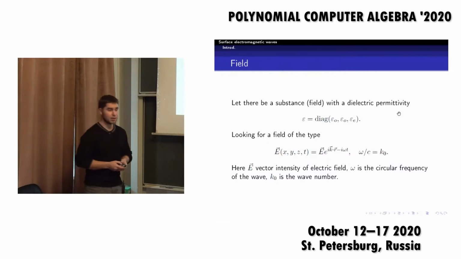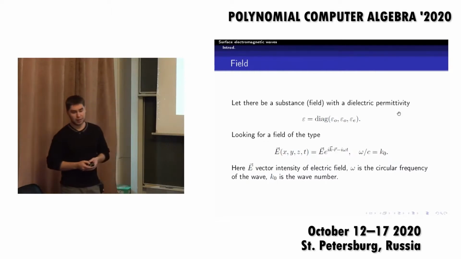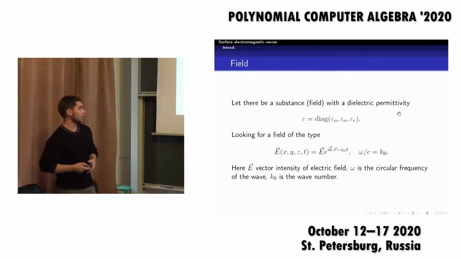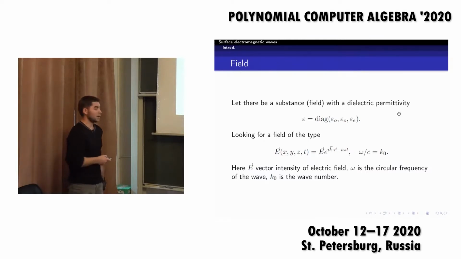Here E is the electric field vector, omega is the circular frequency of the wave, and k0 is the wave number.